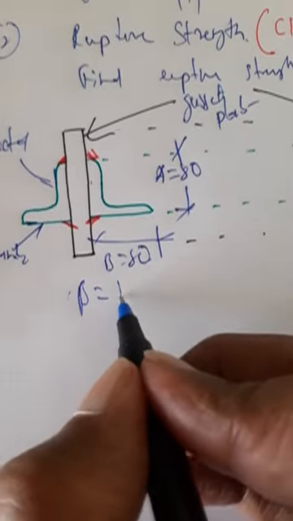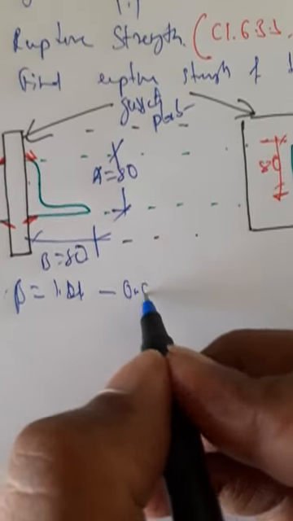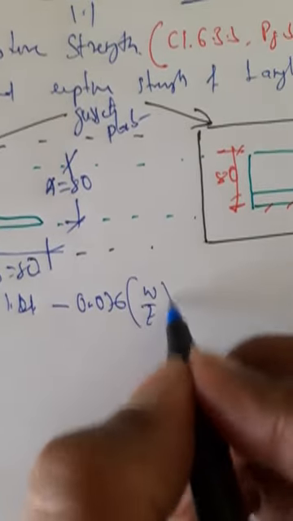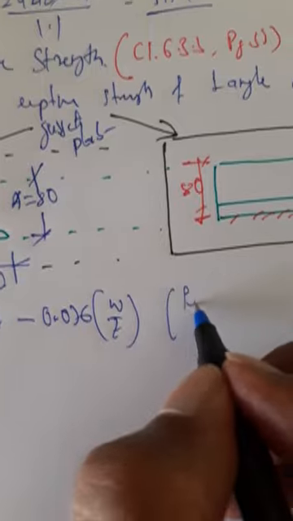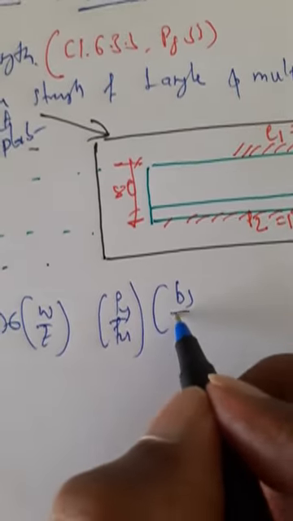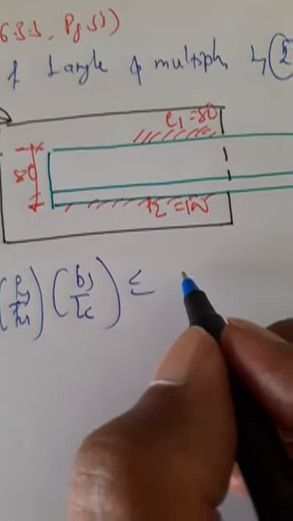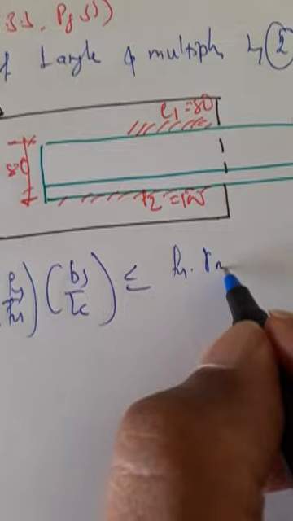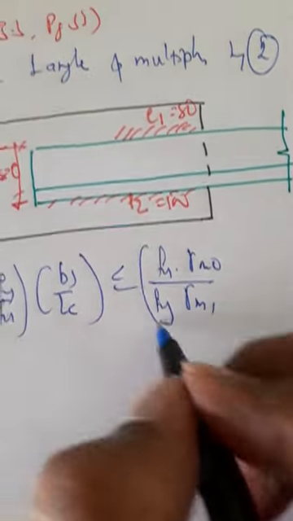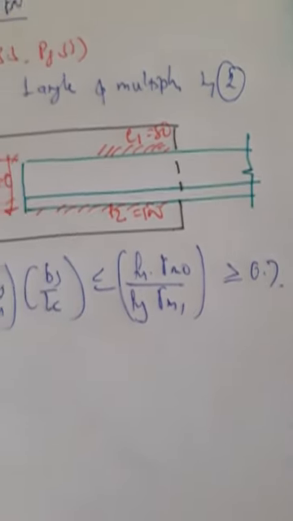Beta is equal to 1.4 minus 0.076 w by t, Fy by Fu, bs by Lc, and this should be less than or equal to Fu gamma m0 divided by Fy gamma m1, and this should be greater than or equal to 0.7.